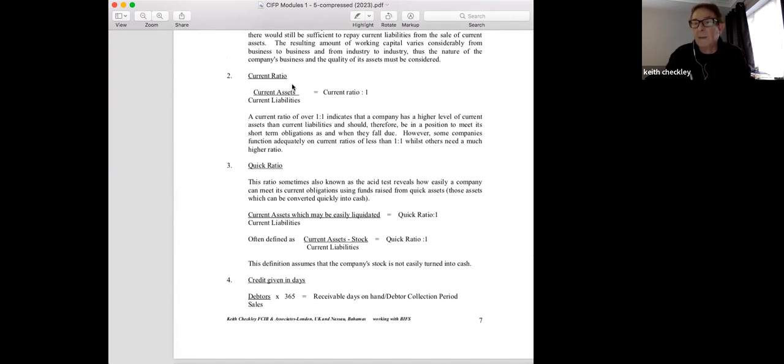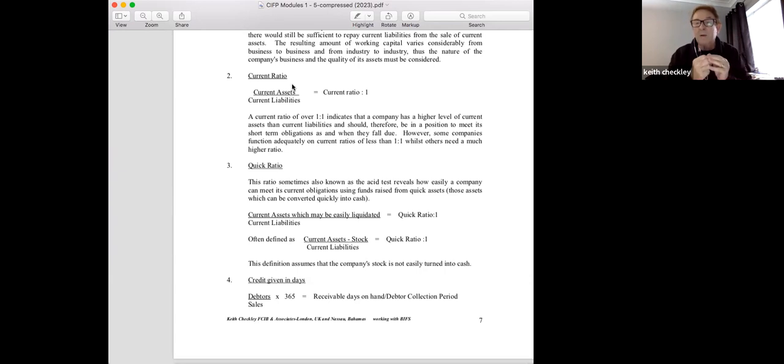And this is the manner of calculation that's been approved by the Chartered Banker Institute, so we've got that badge on what we're doing here. Current assets, this time divided by the current liabilities, will give us the current ratio. Now, a current ratio of over 1 to 1 will indicate that the business you're looking at has a higher level of current assets than current liabilities, which generally is a good thing.